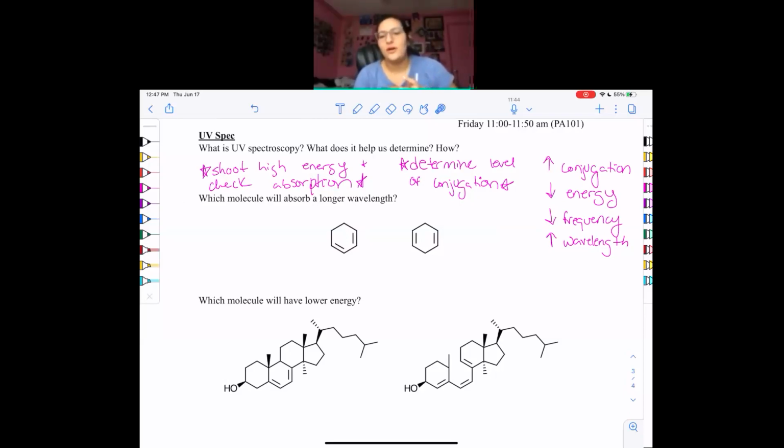The higher the level of conjugation means we have lower energy, because we said more conjugated is more stable. And then lower energy is going to correspond to lower frequency and higher wavelength.